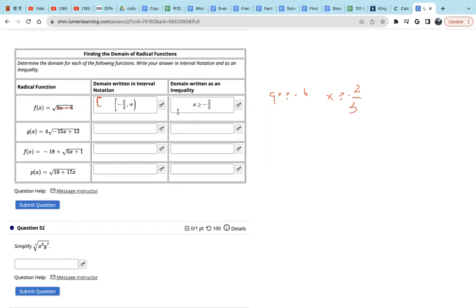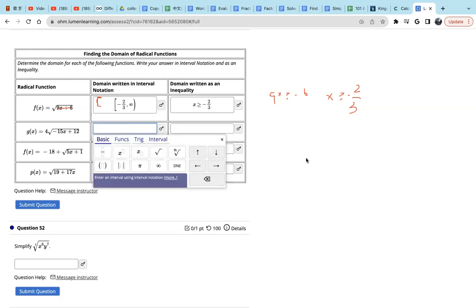Oh, nice. Like this. So similarly, we solve for this one. That's -15x plus 12 has to be greater than or equal to 0.